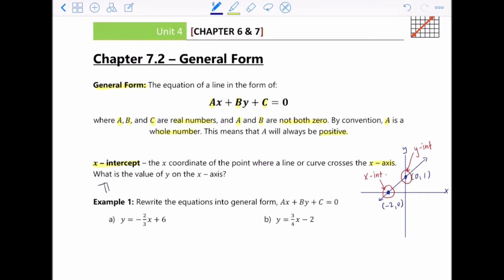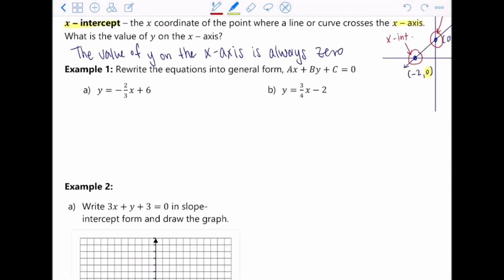The value of y on the x-axis is always 0. Just like here. So for a point to be on the x-axis, the y value has to be 0.